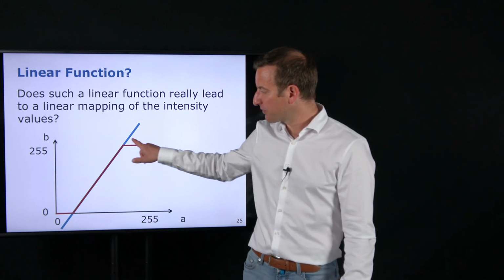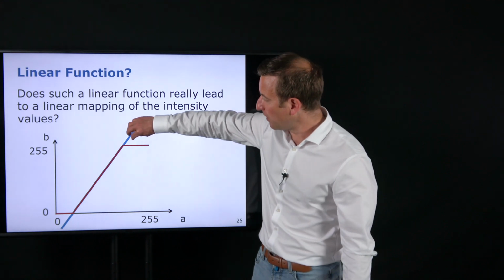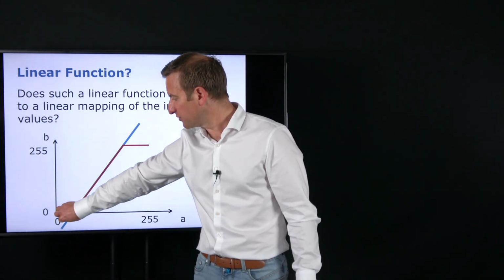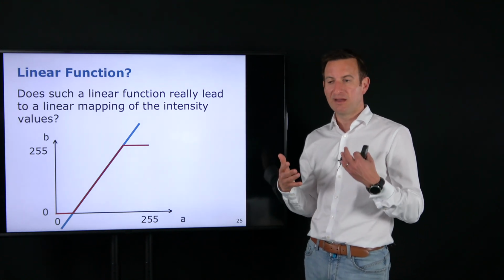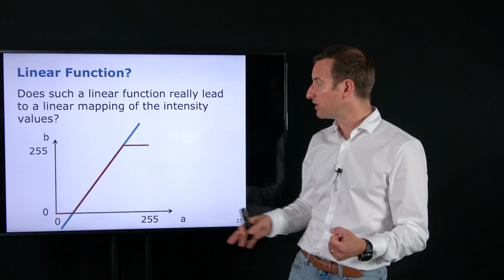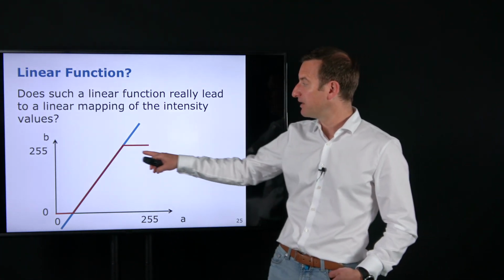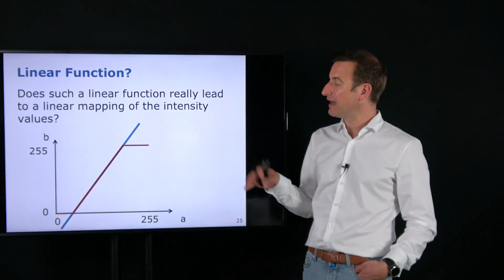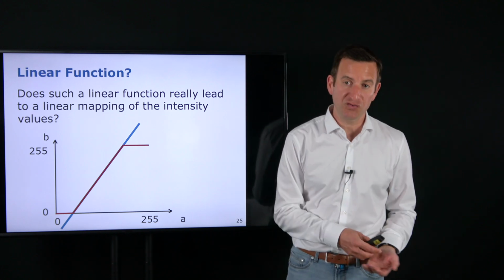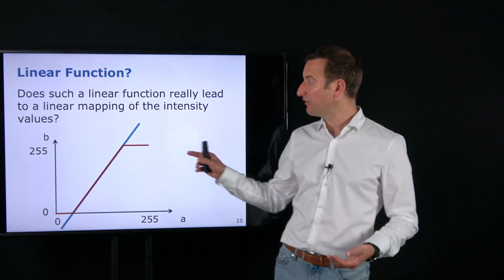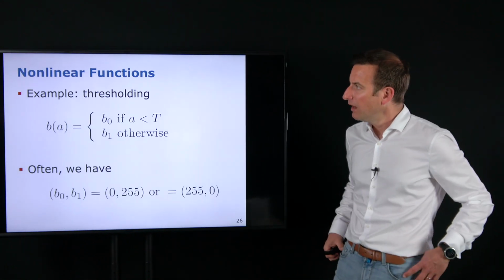And so through this transformation, I'm actually losing some information because all the very bright intensity values and all the dark intensity values will actually be lost, and all the detail in the highlights or in the shadows are lost through such an operation because I'm basically clipping those values away which will be mapped to values larger than 255 or smaller than 0. So we are actually losing some of the information with this function.